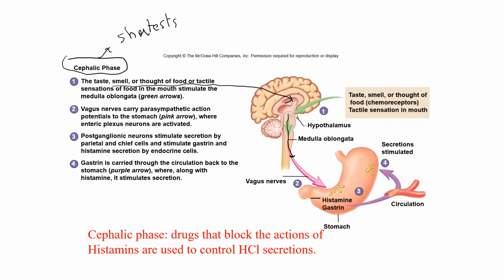Histamine secreting cells and gastrin secreting cells will be stimulated. Histamine causes the parietal cells to secrete hydrochloric acid. Gastrin is a hormone that will travel through the bloodstream, causing parietal and chief cells to secrete their products.